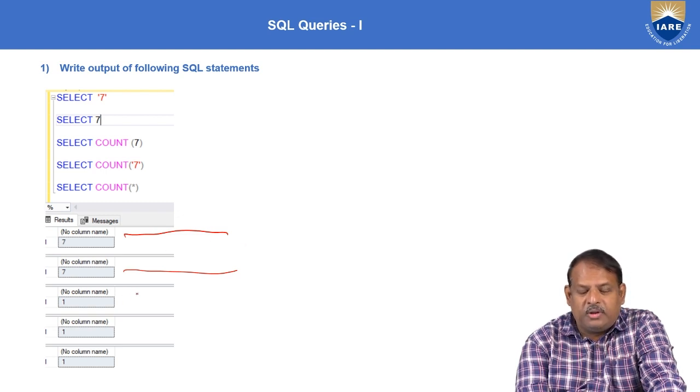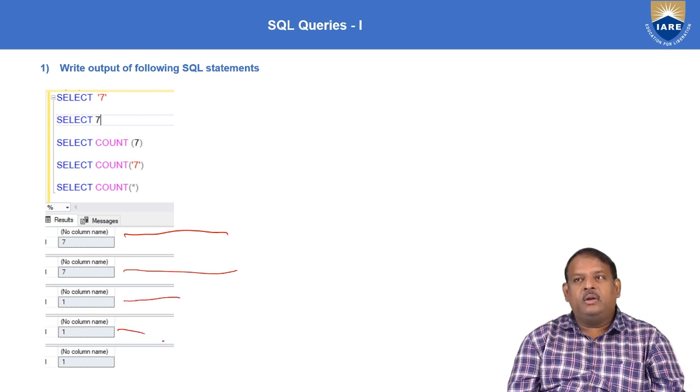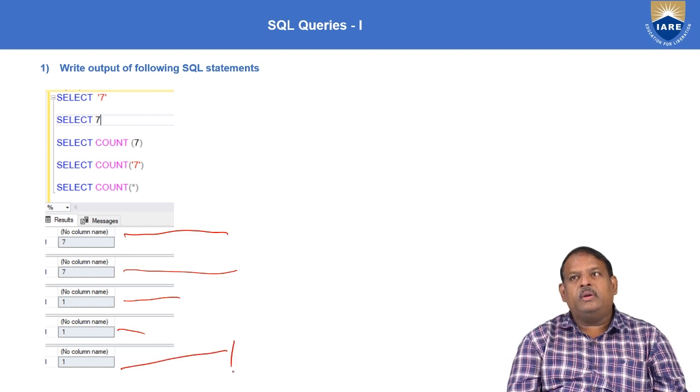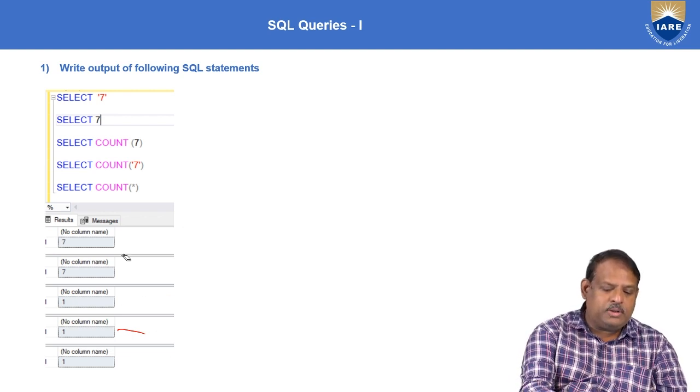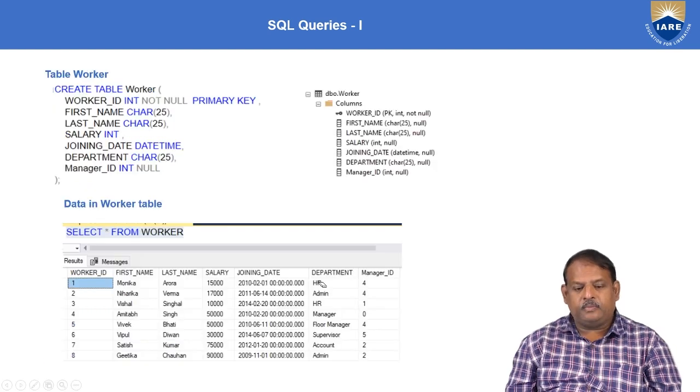Count star of single quote 7 or straight 7 is 1, and the count star will give you again 1. So this is the output of the first set of SQL statements.